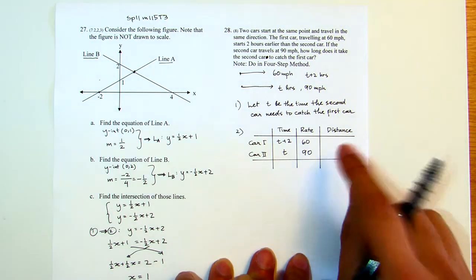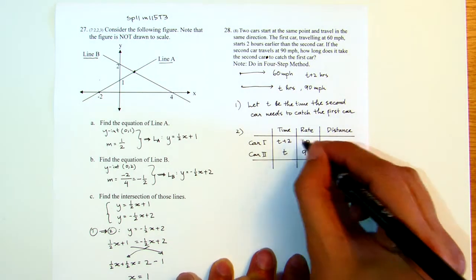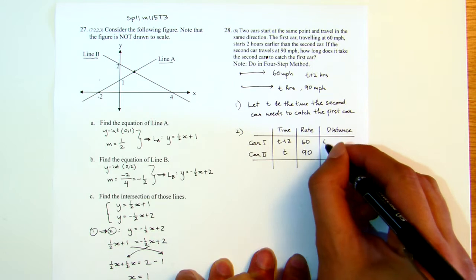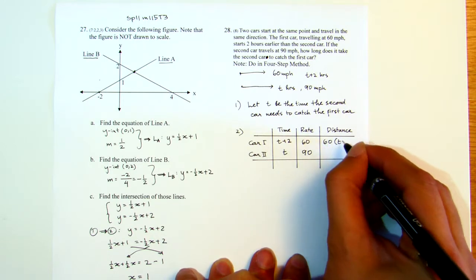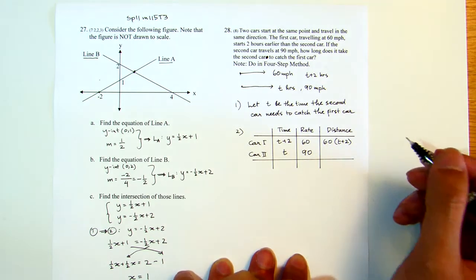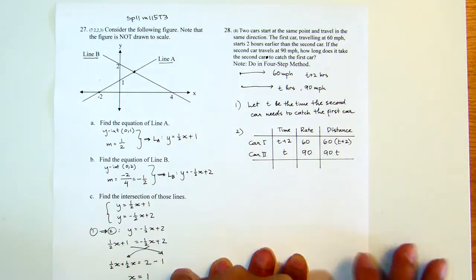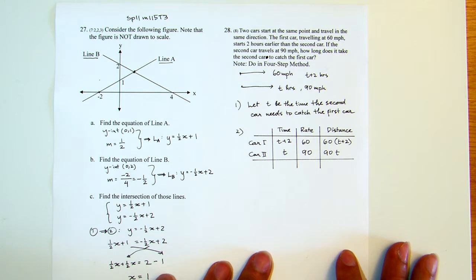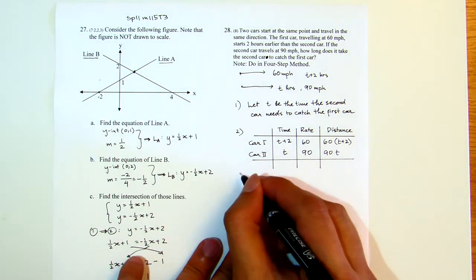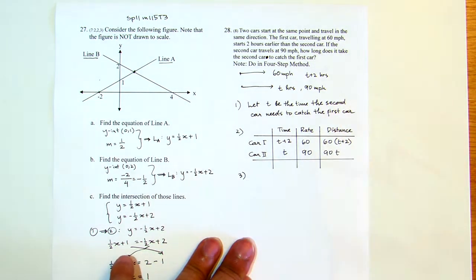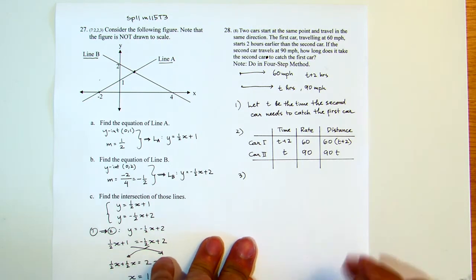Now, therefore, the distance will be the product of the time times the rate. 60 times (t plus 2) for the first car, and 90 times t for the second car. Now, the question here asks, how long does it take the second car to catch the first car?